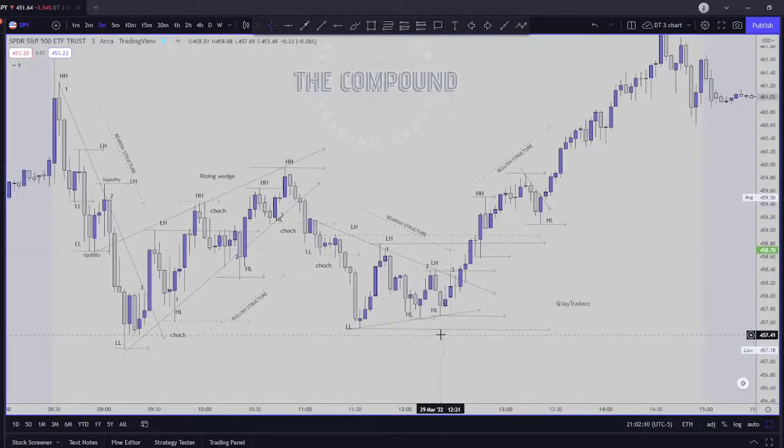But as I was saying earlier in the session, you can use confluence for this. You can see exactly where this was bouncing on that demand zone, and you have all these supply zones up here with liquidity waiting.